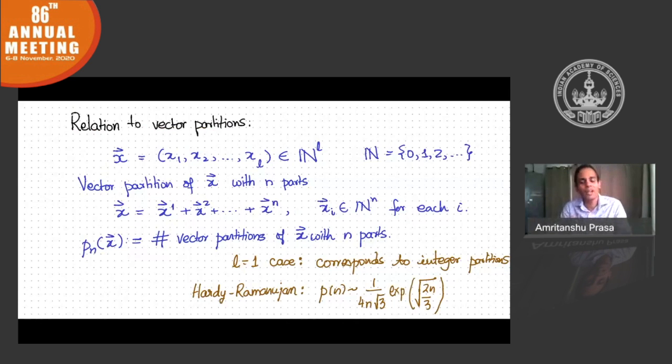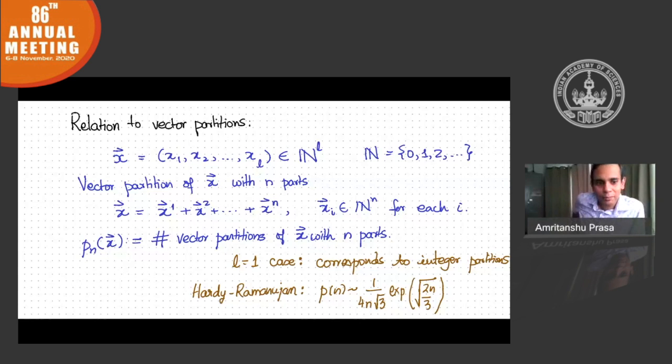A vector partition is a way of writing this vector as a sum of other vectors. Just like I talked about integer partitions, the ways of writing an integer as a sum of other integers, a vector partition is a way of writing it as a sum of vectors, and here everything has to be non-negative. And so the number of such decompositions is going to be finite because all the terms have to be non-negative. And this is called the vector partition function.